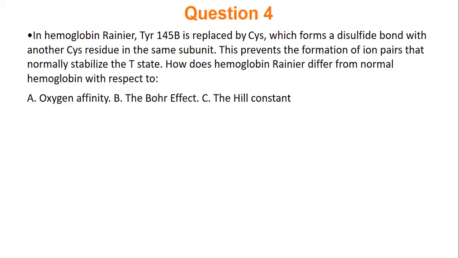BPG decreases. It won't bind to hemoglobin. The amount of BPG might change, but if our hemoglobin never goes to the T state, BPG has no effect on our hemoglobin.